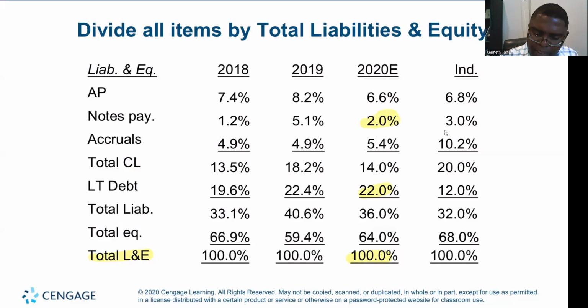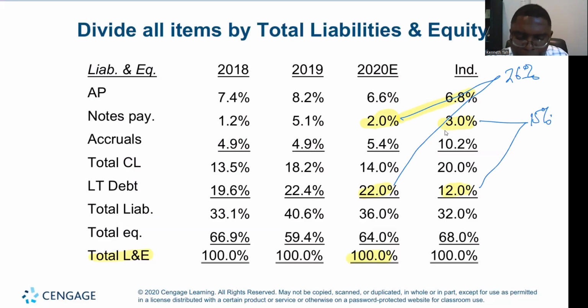It's 24%, which is high compared to the total debt of the industry, which is at 15%. So this is 22 plus 2, which is 24% total debt for the company. For 2020, for industry, total debt is 15%.